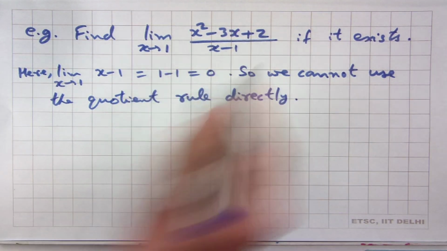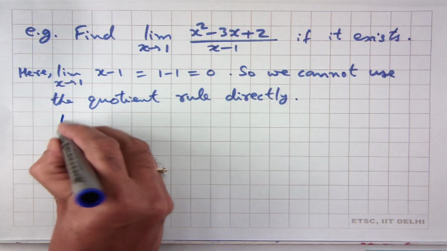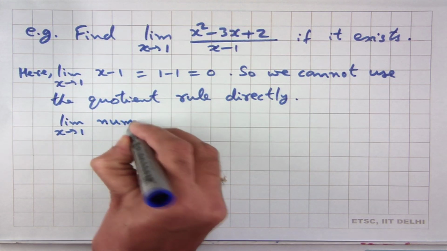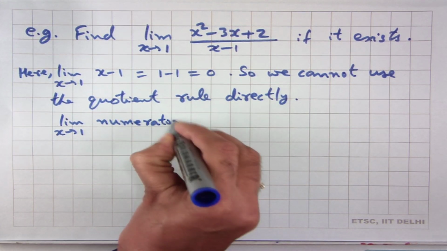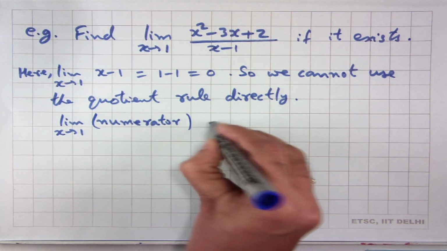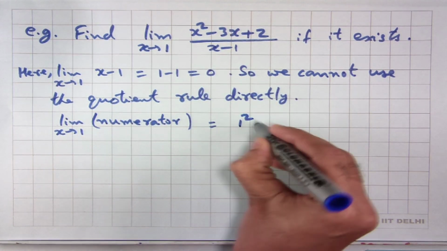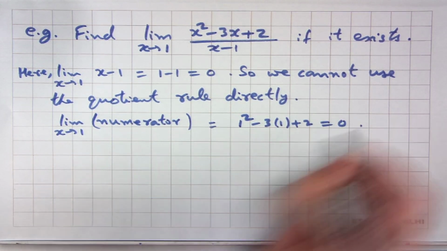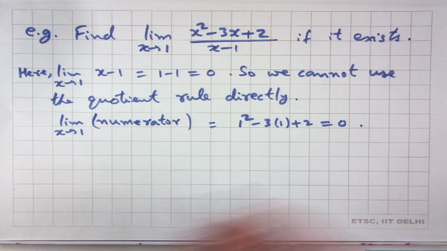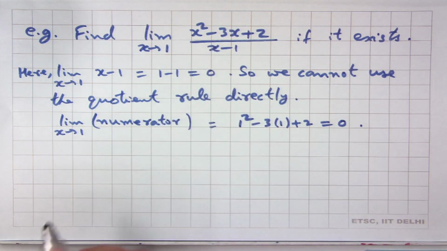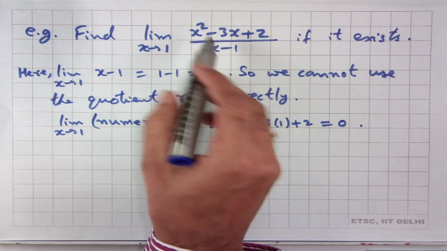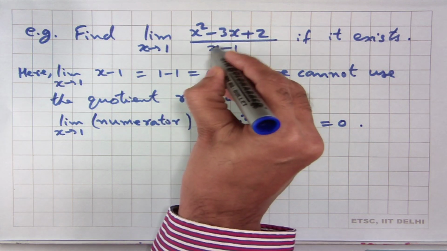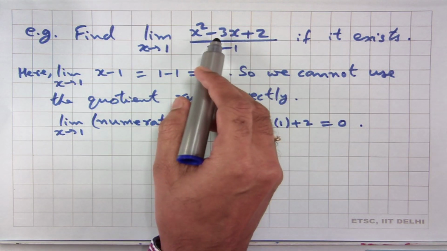But if we see the limit of the numerator, that is again 1 square minus 3 times 1 plus 2, which is also 0. So, the limits of the numerator and denominator both are 0. In fact, here we see that at x equal to 1 the numerator and denominator both are 0. So, therefore, x minus 1 is a factor.